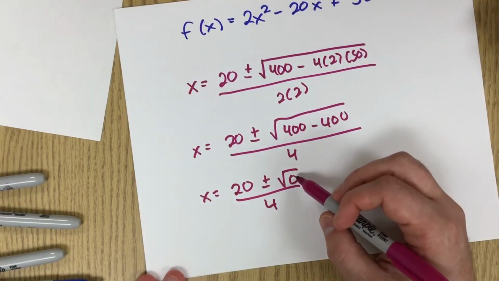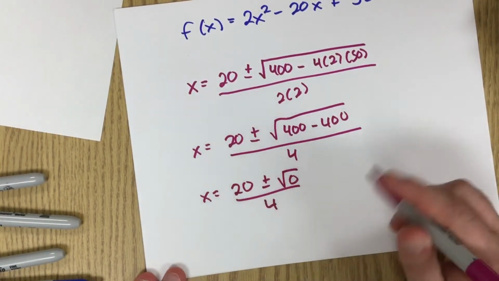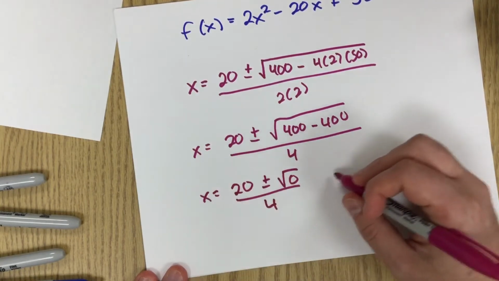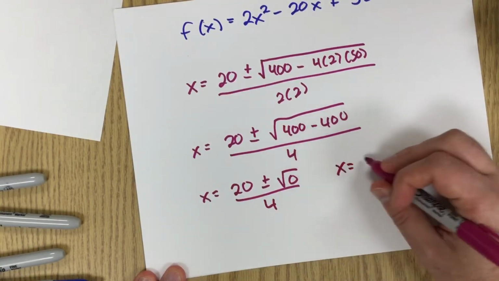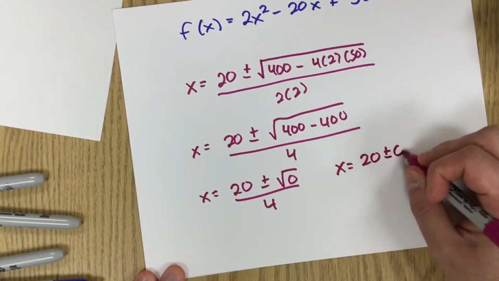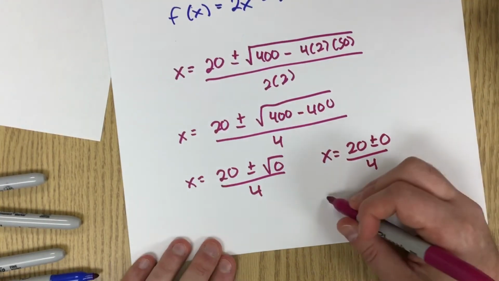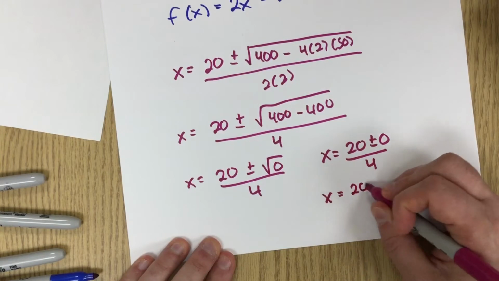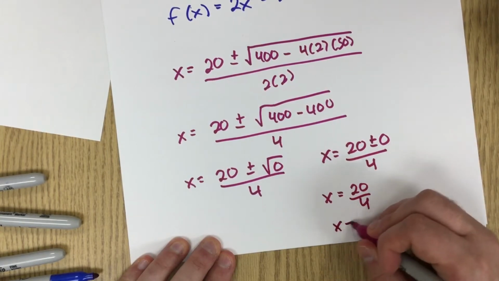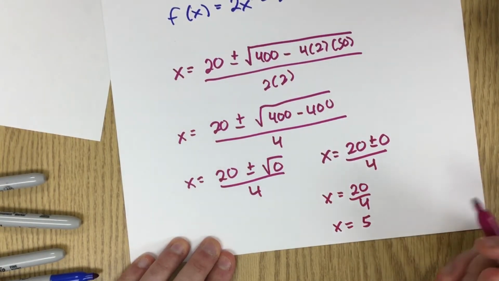And the square root of 0 is just 0, so it's 20 plus or minus 0. Adding or subtracting 0 doesn't make a difference, so x is just 20 over 4, which is just 5.